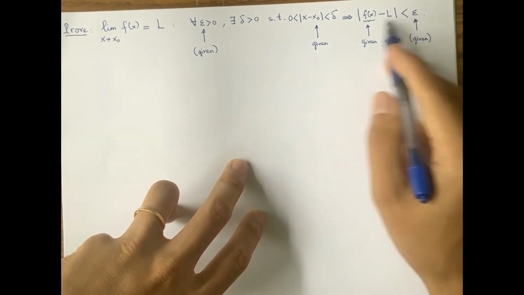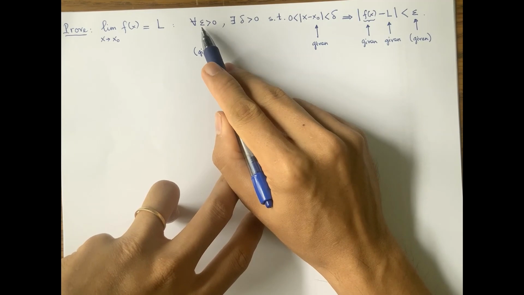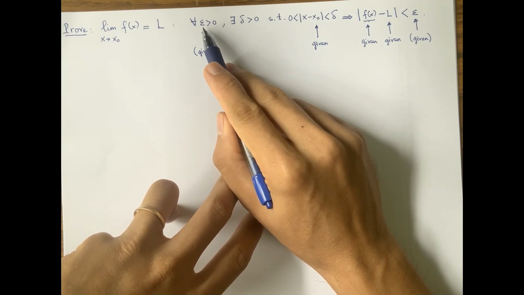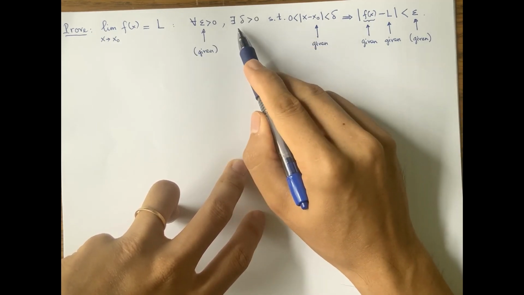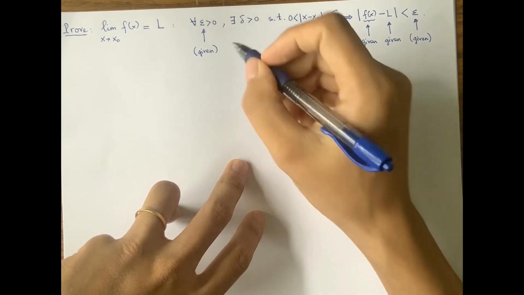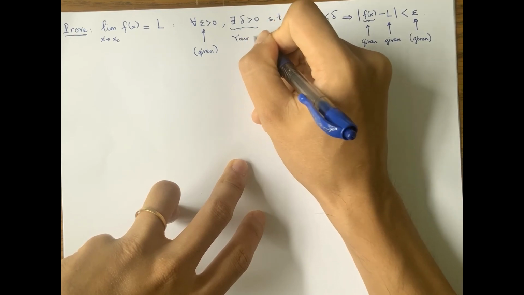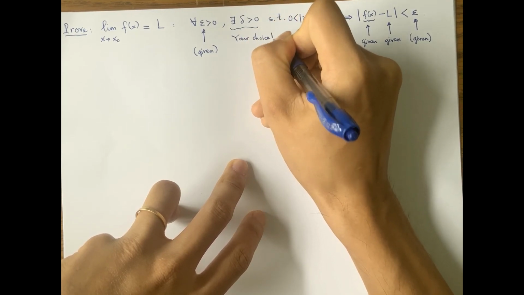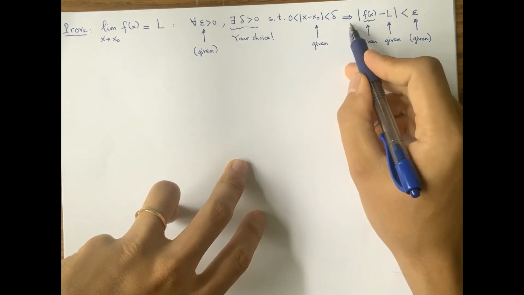This is like a game in which you let your worst enemy choose the epsilon. Of course, he or she is going to pick the worst possible and keep trying until he or she can kill you. This is your choice: your job is to choose the delta so that this will happen.